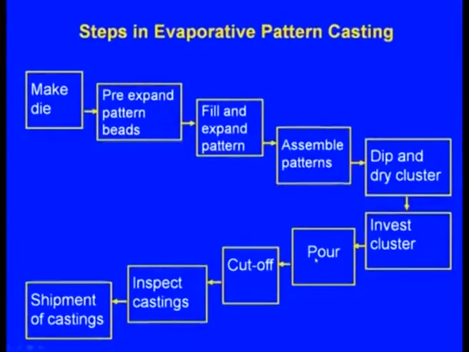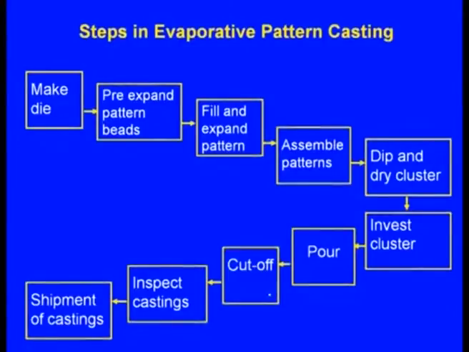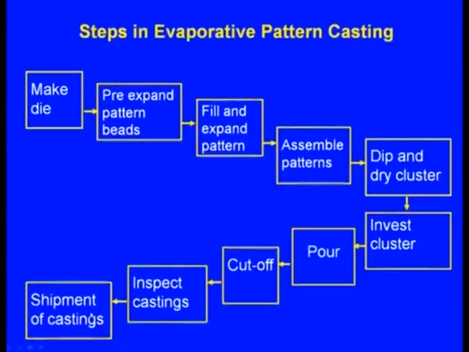While pouring, the pattern evaporates and comes out, and molten metal fills that mold and solidifies. Next step is cut off. If there are multiple castings, they should be cut off, and even if it is a single casting, the riser and the sprue must be cut off. Next step is inspecting the castings. Finally, shipment of the castings.